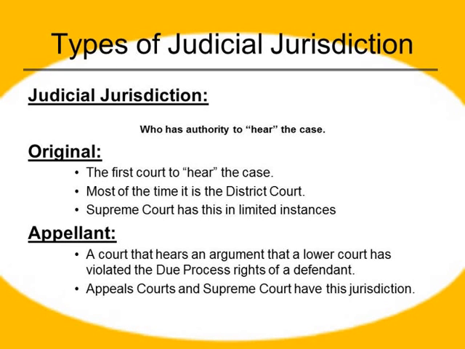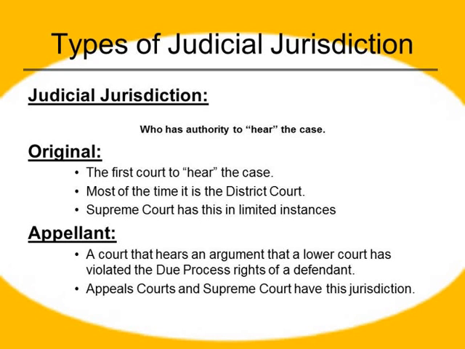When a court is exercising appellate jurisdiction, they're simply hearing arguments about whether the decision of a lower court was appropriate or not, whether or not some lower court violated the due process rights of a defendant.